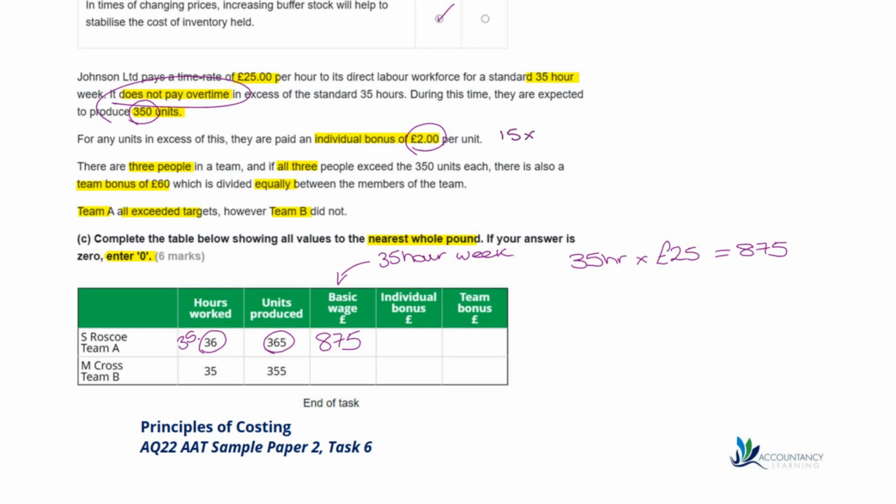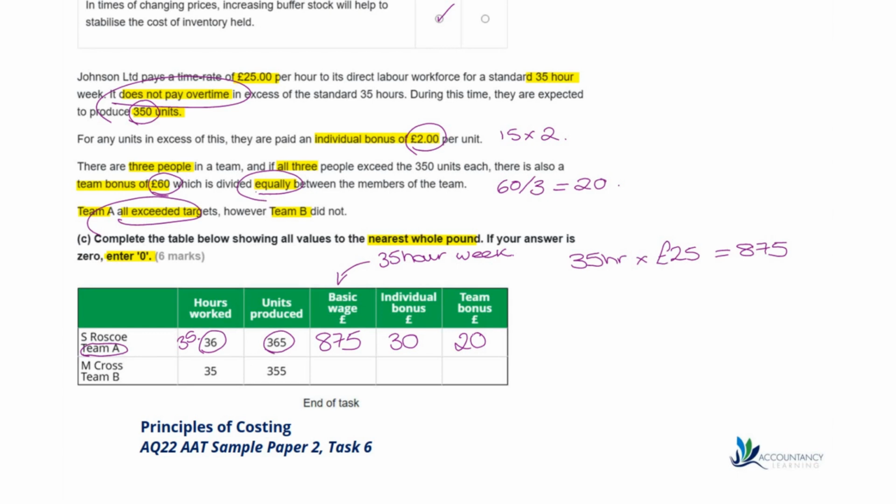So it'll be 15 times £2 per unit, which means the individual bonus is £30. And he's part of Team A, who all exceeded targets, so they get a team bonus of £60 divided equally between the team members. So 60 divided by 3 team members is 20. So S. Roscoe gets £20 of that team bonus.